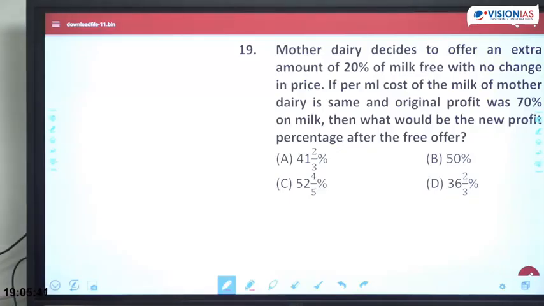If the per ml cost of the milk of Mother Dairy is the same and the original profit was 70% on milk, then what would be the new profit percentage after the free offer? That means if, suppose, instead of 1000 ml, Mother Dairy is offering 1200 ml. Okay, good one. Try this question.